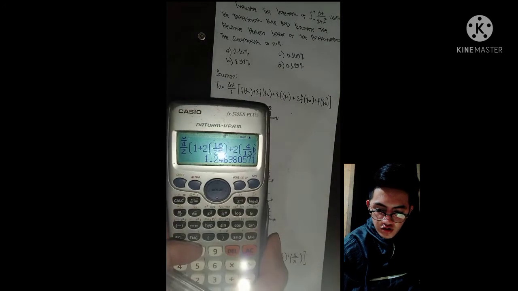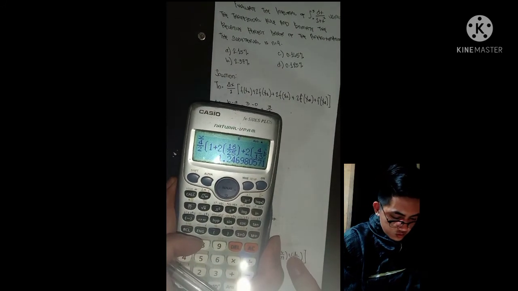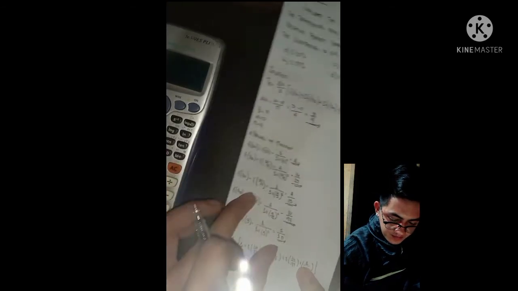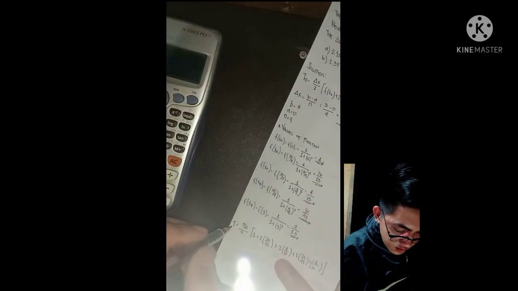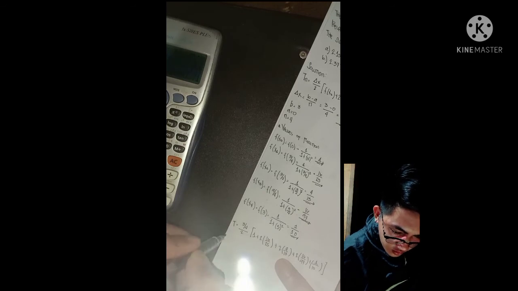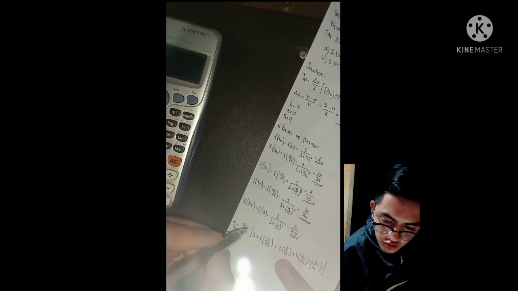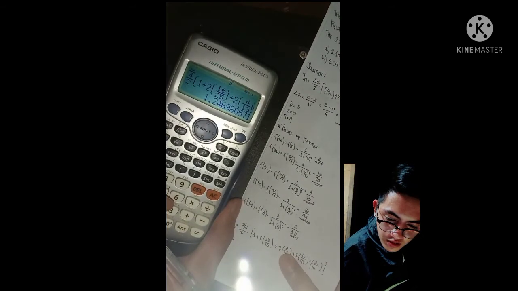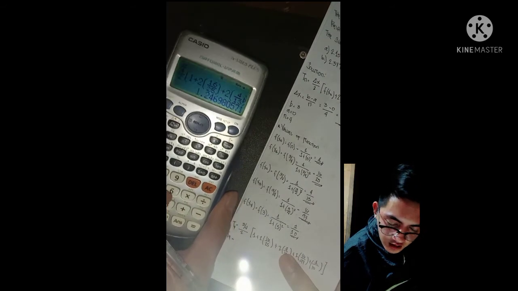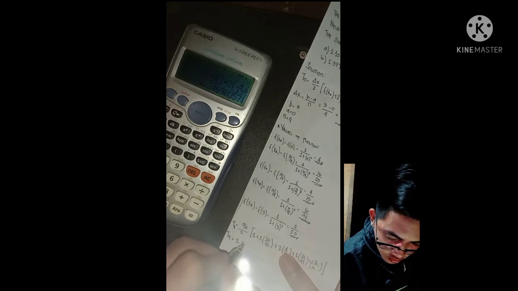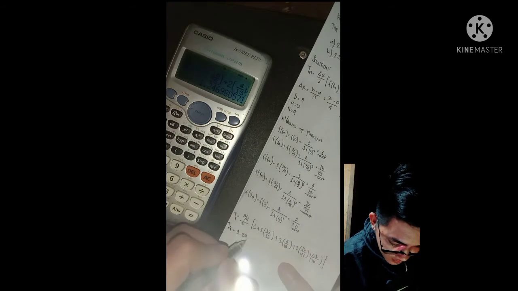So we have the value of 1.24698. So our Tn, or our T4, is equal to 1.24698.